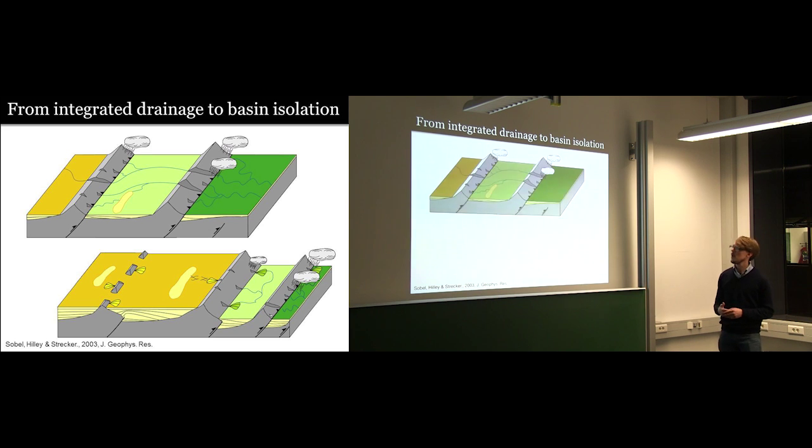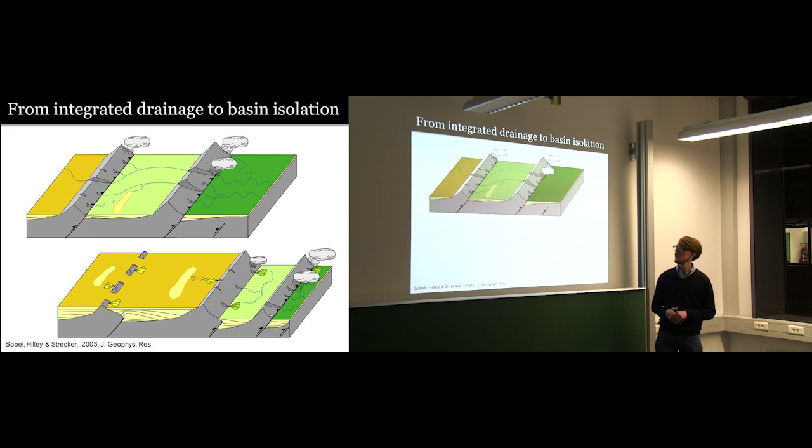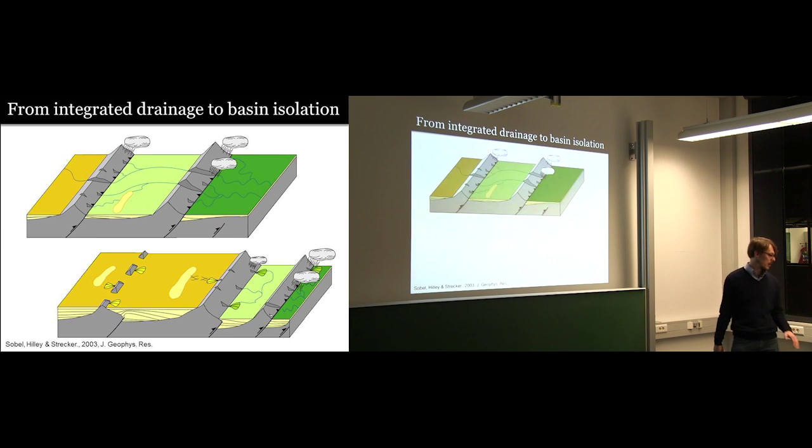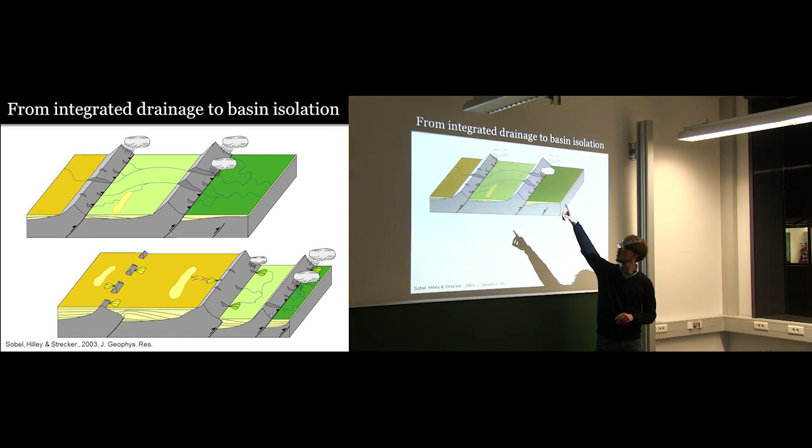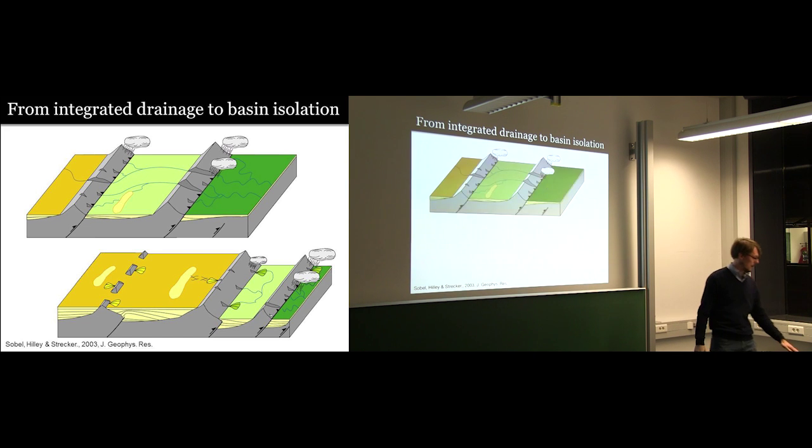So this all comes back also with a concept proposed by Zobel, Hildy, and Strecker in 2003, where they proposed how you build plateaus outward over time. The first step is you build barriers, in this case these orographic barriers. You have fluvial connectivity towards the foreland.